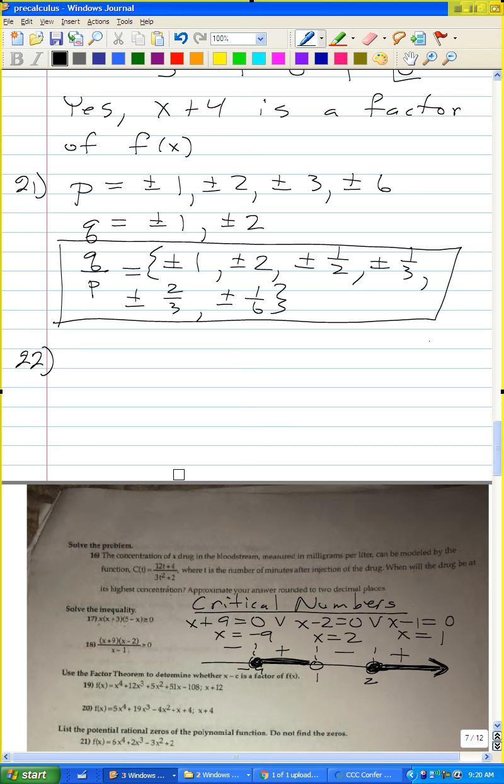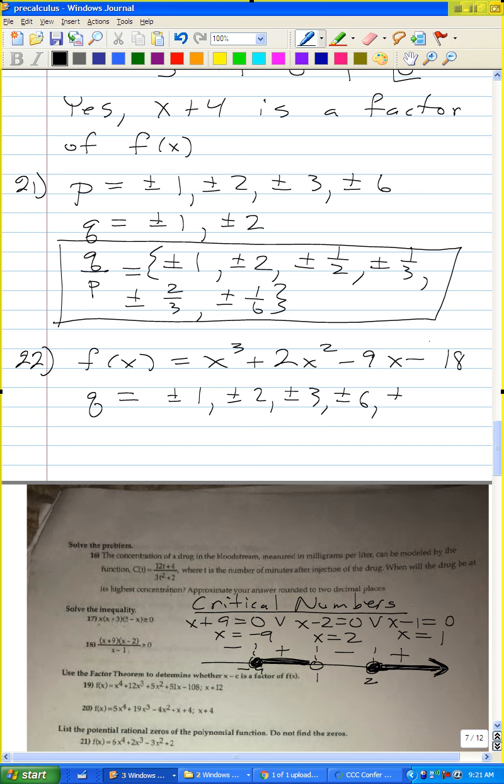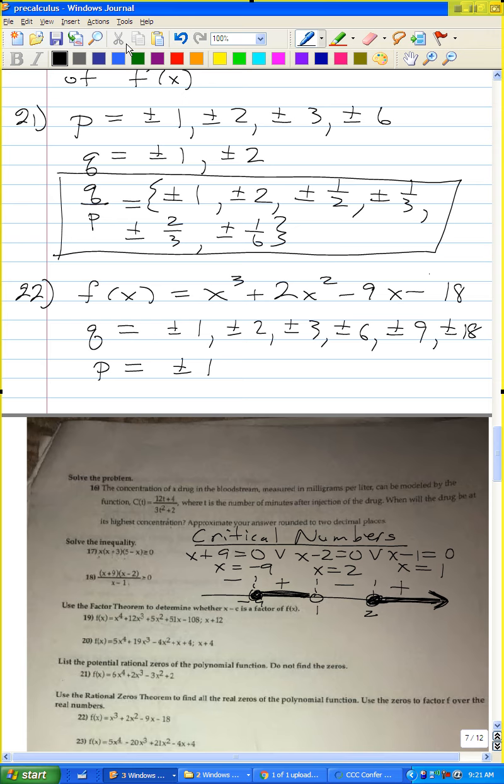Okay, so let me do 23. So f of x equals x cubed plus 2x squared minus 9x minus 18. Okay, so let me write down q. The factors of 18 are 1, 2, 3, 6, 9, and 18. The factors of 1 are, well, just 1.